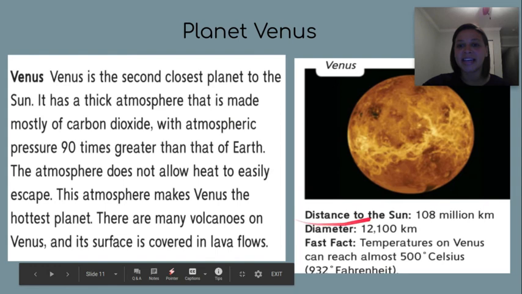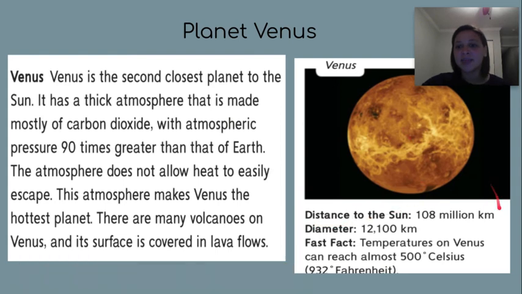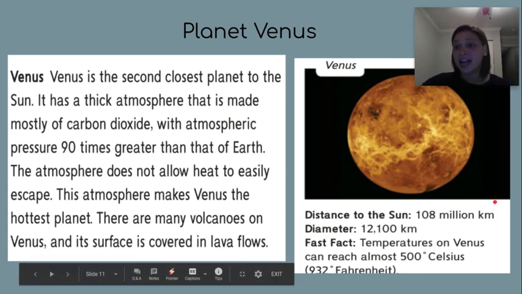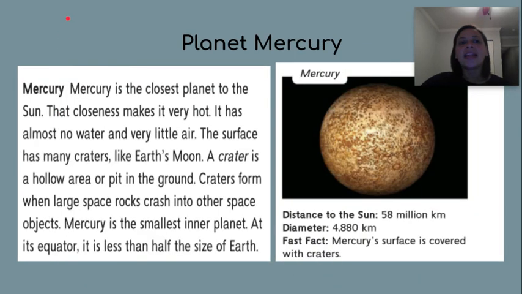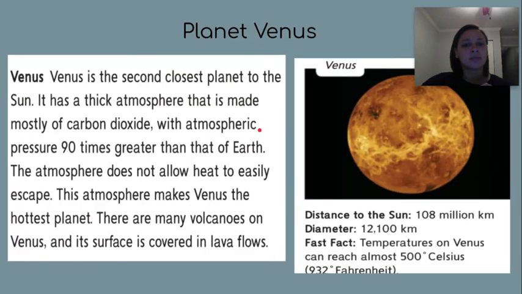All right, on to our next inner planet. We have Venus. And here is a nice picture of Venus. Venus is also very hot, okay? It's the 2nd closest to the sun, so still very hot. What Venus has that's different than Mercury is that its atmosphere is so thick.